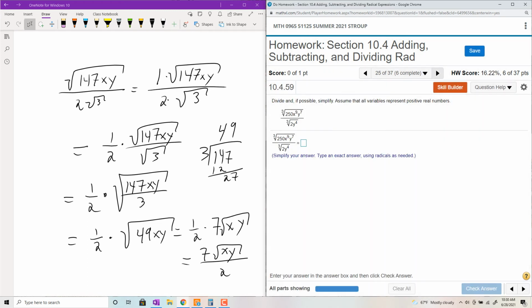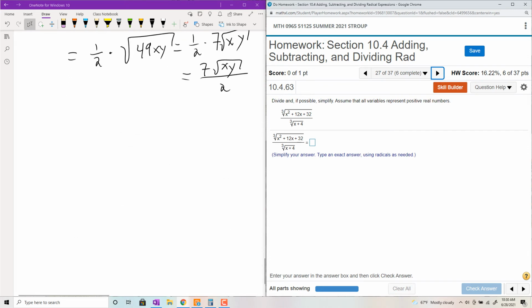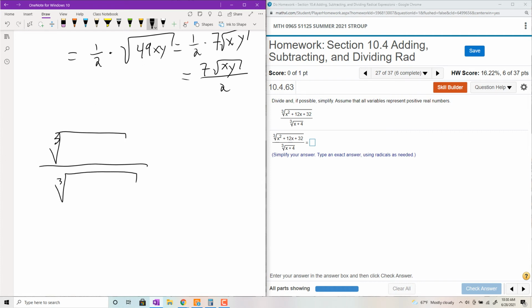So rewrite as a cube root of a quotient, simplify, cube root quotient, simplify. This one's a little different. So you want to factor that numerator and then rewrite the whole thing as the cube root of a quotient. Okay, so factoring this thing, you get x plus 4, I want to say 4 and 8, and I would be right.